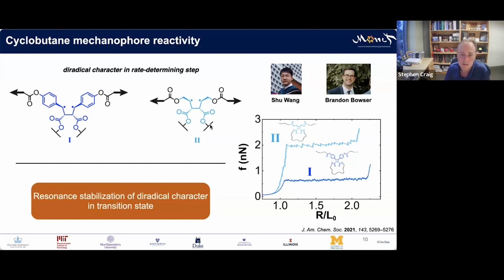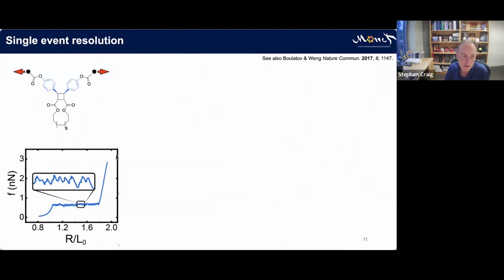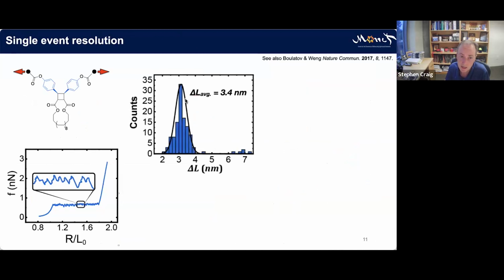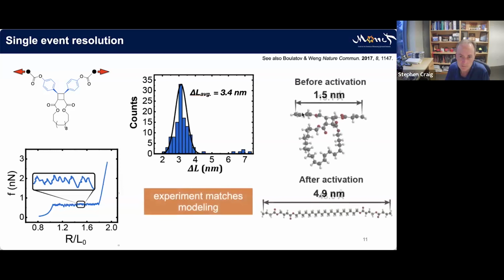If you're skeptical that this is really what we might be seeing, I think further evidence comes if you go and zoom in on these force extension curves. When you do that, what you see are little sawtooth patterns in that force extension curve. And if you actually measure how far apart the features in these sawtooth patterns are, well, there's a little bit of noise there, but basically they're 3.4 nanometers apart from each other.